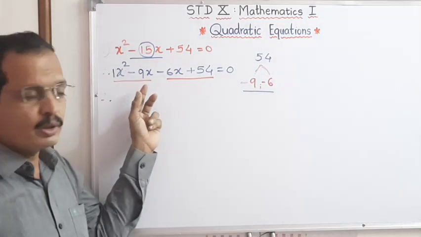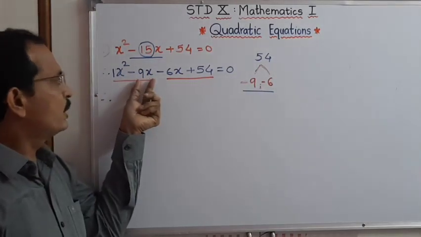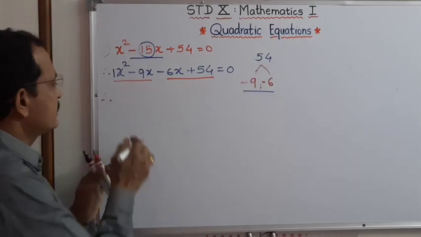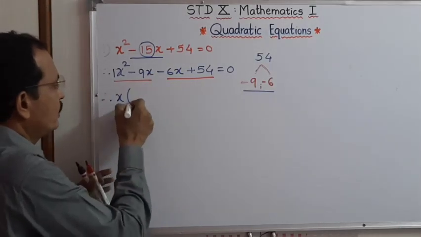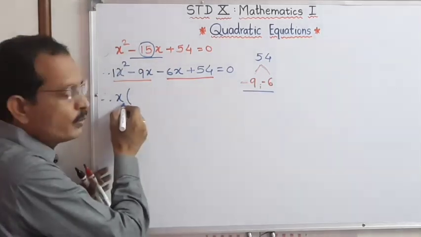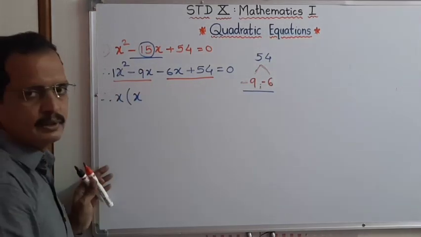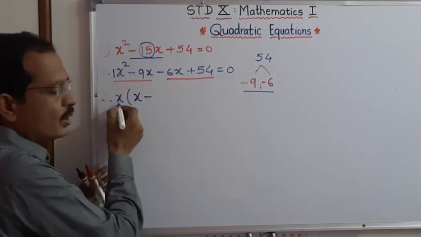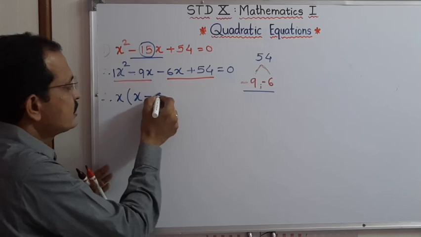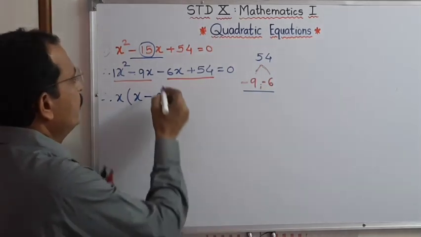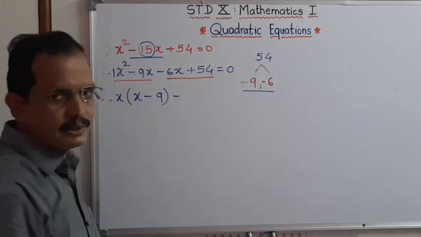We take out the variable with minimum index 1, therefore we can take x out as common. From this x square we take out x as common, then what is remaining? It is x. Then this minus sign, from this 9x we take out the 9 as common, what is remaining? 9. Now see here, the minus sign is there as it is.